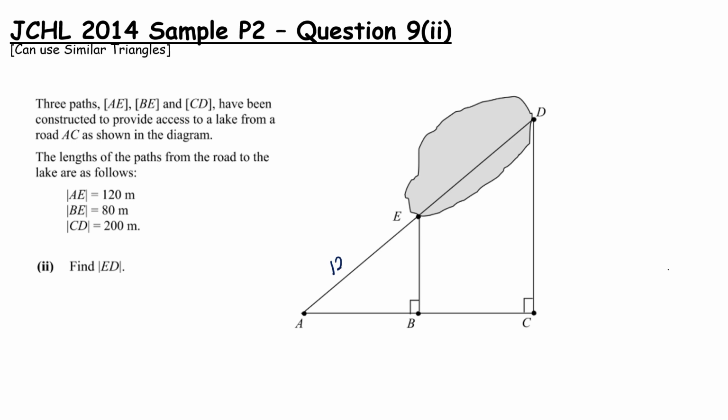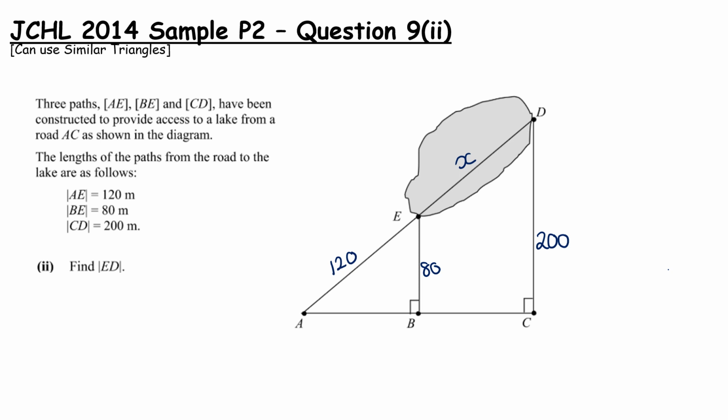So AE is 120, BE is 80, and CD is 200, and we're looking for this. Now, you have to be very, very careful when we're working with our end sides because we need to think in terms of the total.